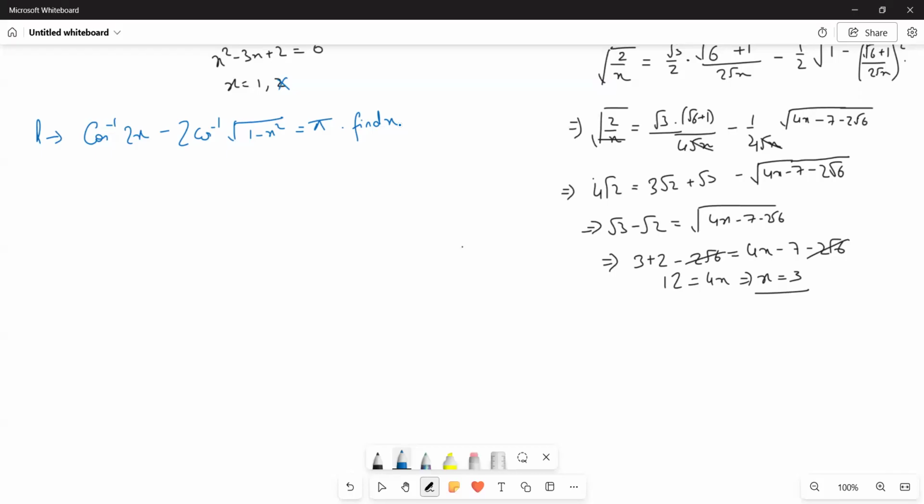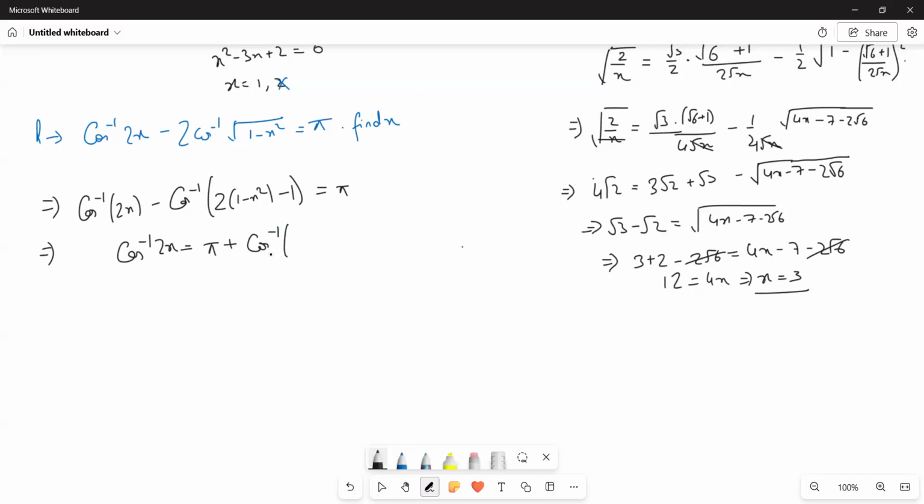Start by applying the 2 cos inverse formula. What's the formula for 2 cos inverse x? Cos inverse of 2x minus cos inverse of 2x square minus 1 is pi. 2 cos inverse x is cos inverse of 2x square minus 1. Then solve as we regularly do: cos inverse of 2x is pi plus, and this becomes cos inverse of 2x square minus 1, so 1 minus 2x square. Take cos of the whole thing, so 2x is cos of pi plus theta. Cos of pi plus theta is minus cos theta, so minus of this will come 2x square.